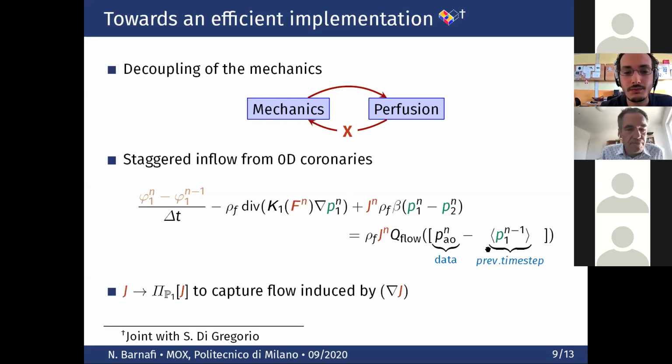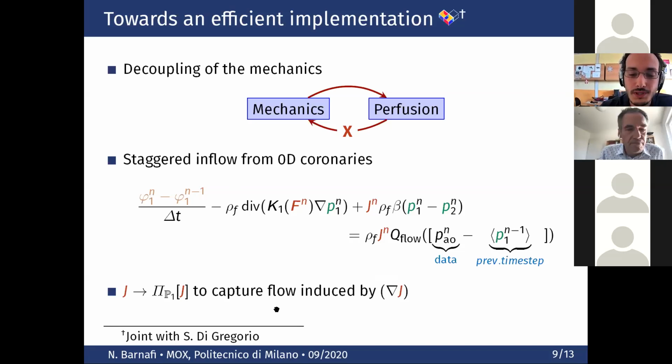So this would be the arteries. The final point, which is a little bit delicate but I wanted to mention, is that the flow of blood due to contraction is largely guided by the gradient of J. If we have, say, a P1 approximation of the mechanics, J depends on the gradients of displacement, and taking another derivative makes this term disappear.